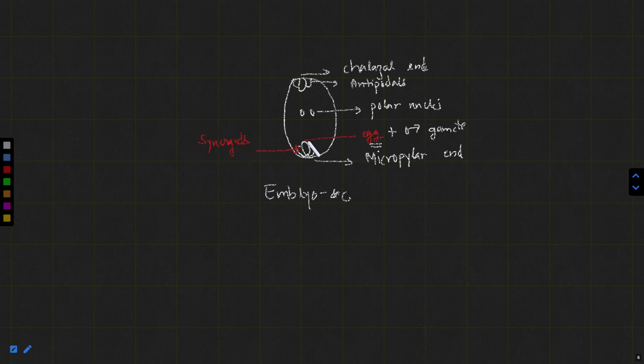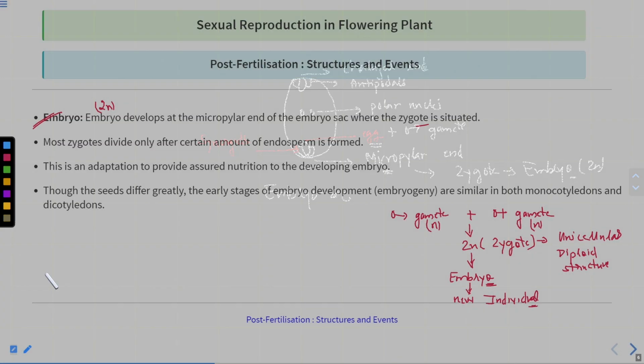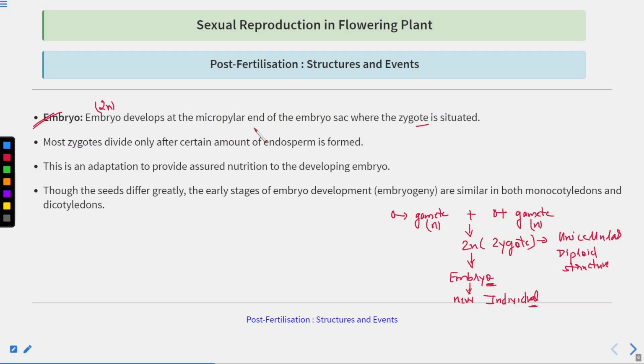So the zygote will be formed at the micropylar end, or we can say the embryo will be formed at the micropylar end. Here the zygote will be formed, which will later give rise to the embryo. So this is how the embryo develops at the micropylar end of the embryo sac, where the zygote is situated.